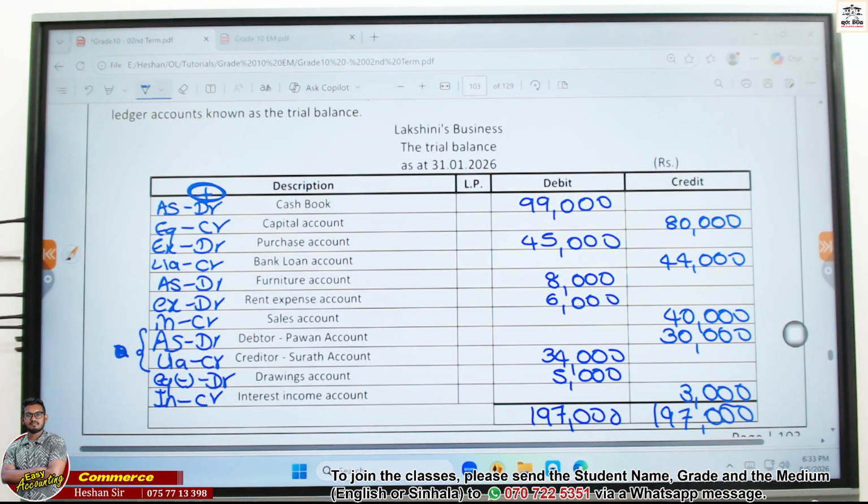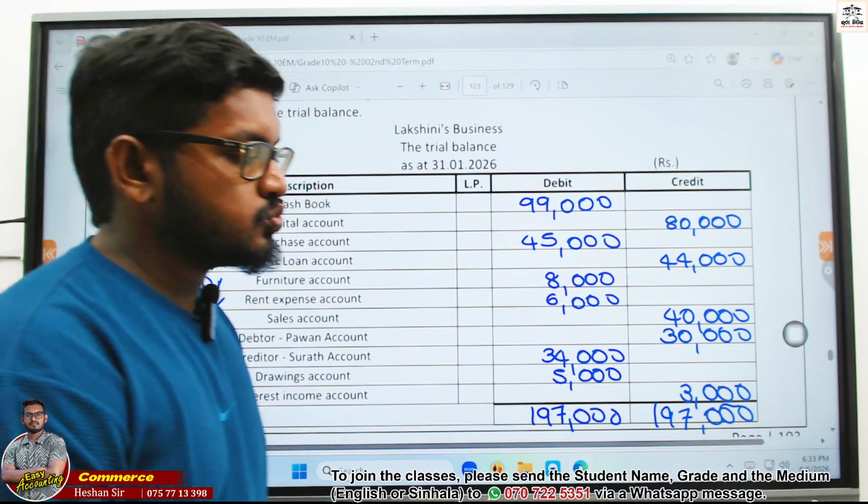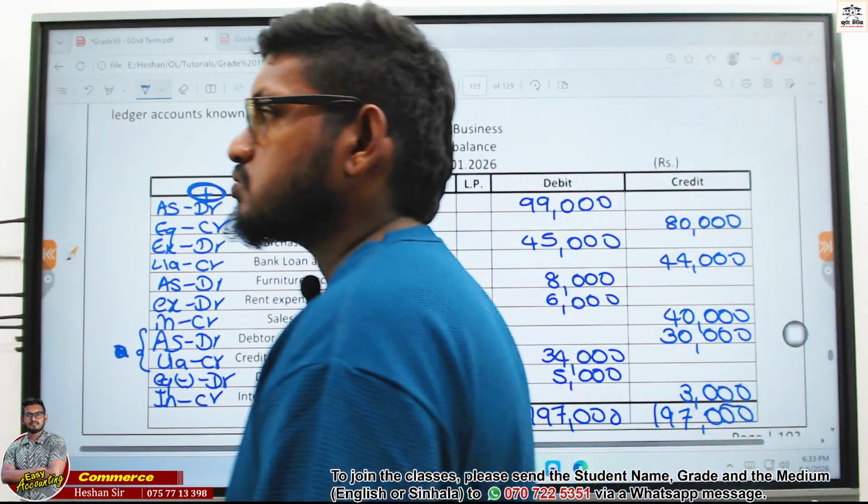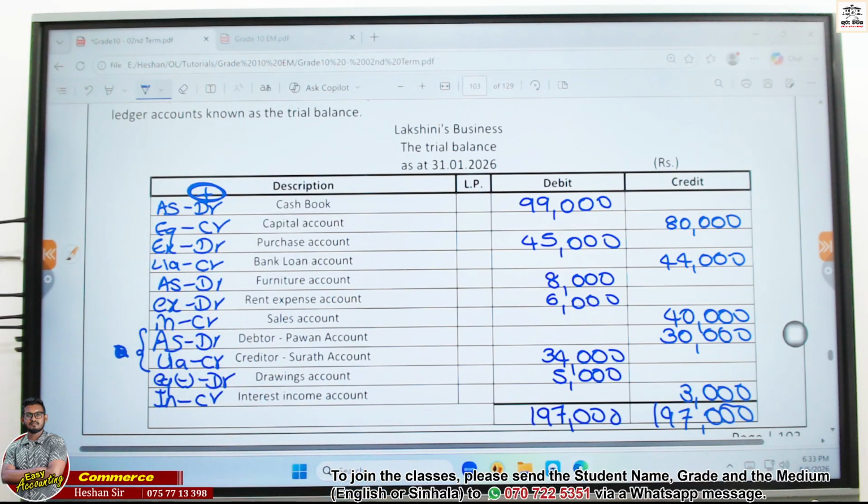Let's go to the next section. Activity number 2. Finish it and put raised hands.